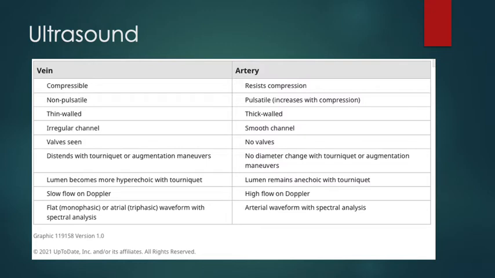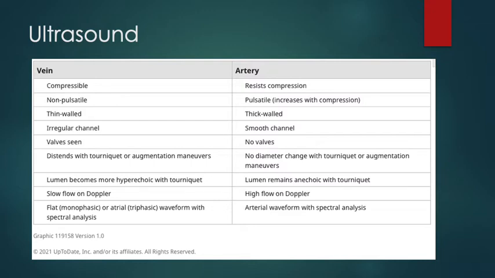Okay, so what do we actually look for pragmatically on the ultrasound? The first thing you'd want to do is identify which vessel is your vein and which is your artery. I do have a few members of the audience here, so just shout out: what are the things that you look for when you're trying to identify a vein versus an artery on ultrasound?